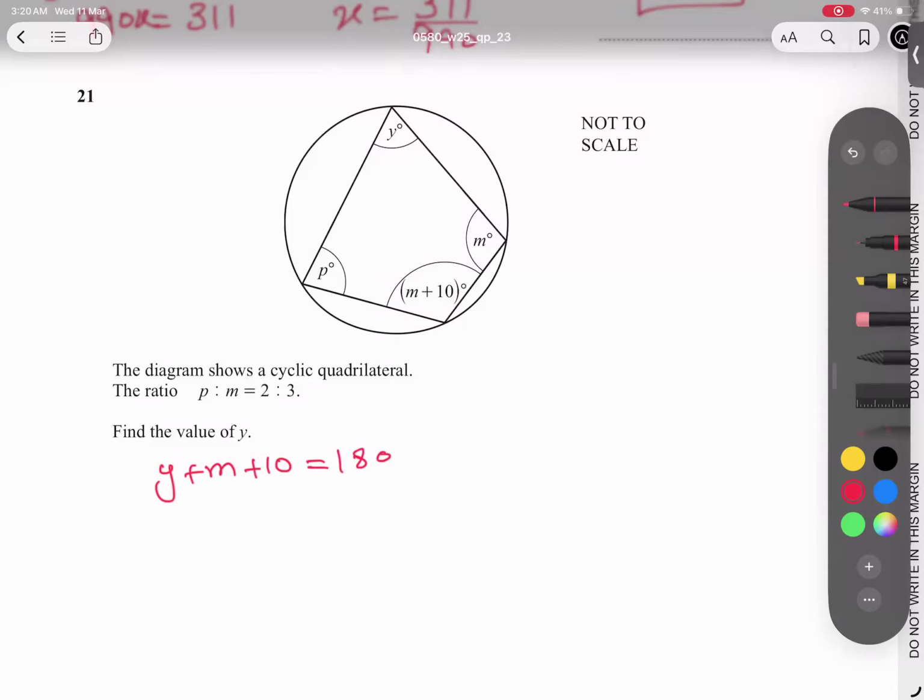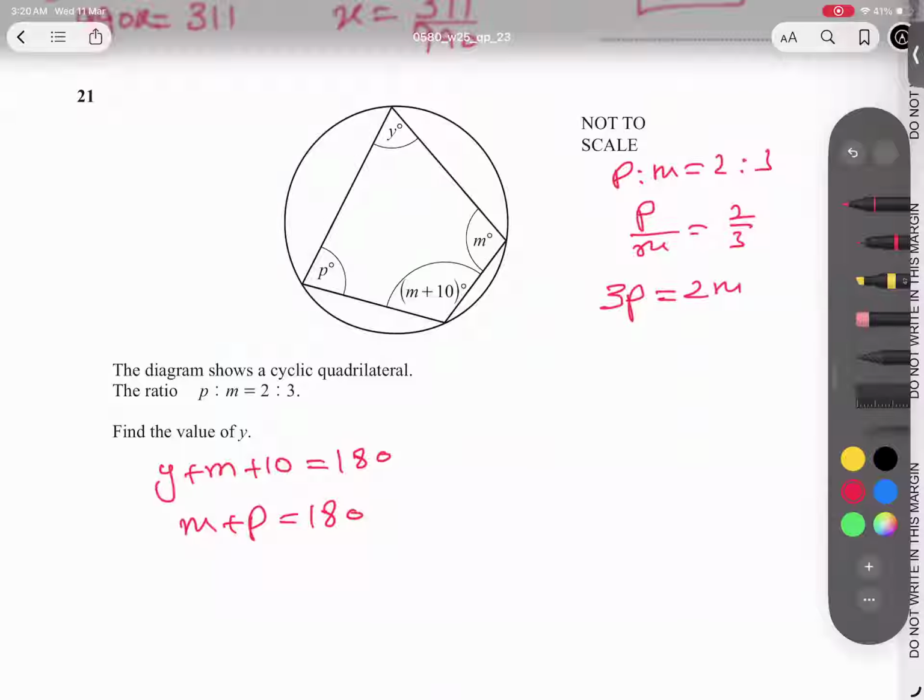Same approach for the other ones: m plus p equals 180. Students, now this ratio I did not utilize up till now. What is the way of writing it? Check it. p ratio m equals 2 ratio 3, or p over m equals 2 over 3. Cross multiply like this, so 3p equals 2m.